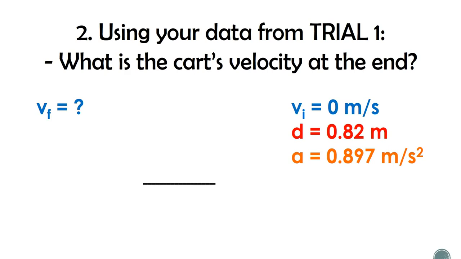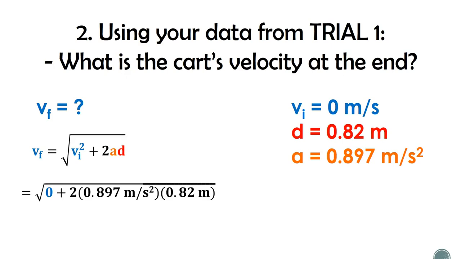So when you look at your equation sheet, you see that there's one equation that uses VI, D, and A, and that is square root of VI squared plus 2AD. So when you plug that in, 0 squared is 0, plus 2 times our acceleration, 0.897, times our displacement, 0.82 meters.